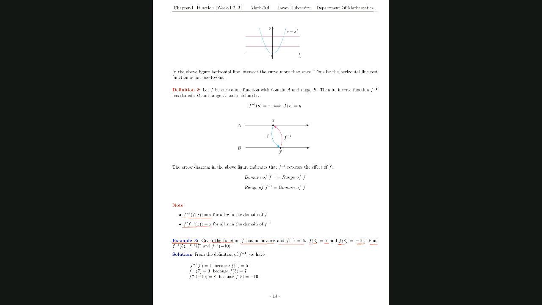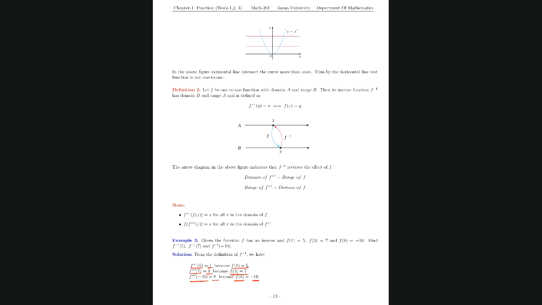Find f inverse of 5, f inverse of 7, and f inverse of -10. Suppose f goes from here to here, then x from here to here. f of 1 equals 5, so f inverse of 5 is 1. f of 3 is 7, then f inverse of 7 is 3, just opposite. f of 8 is -10, so f inverse of -10 is 8.